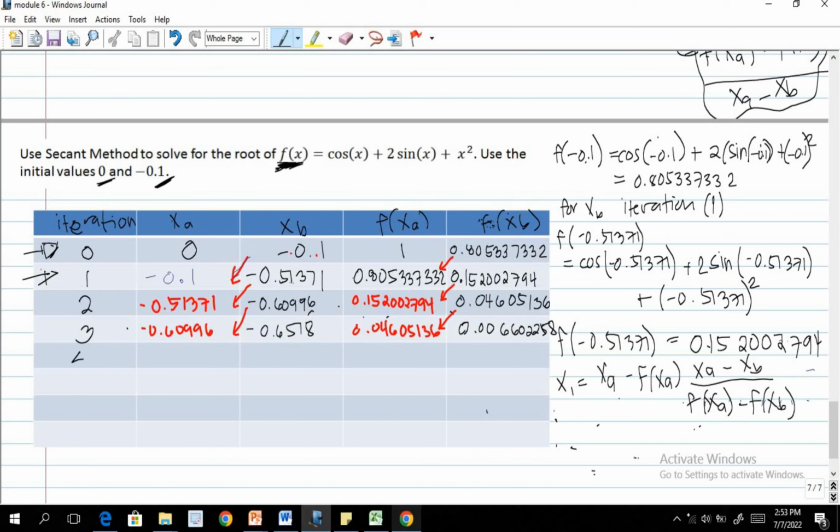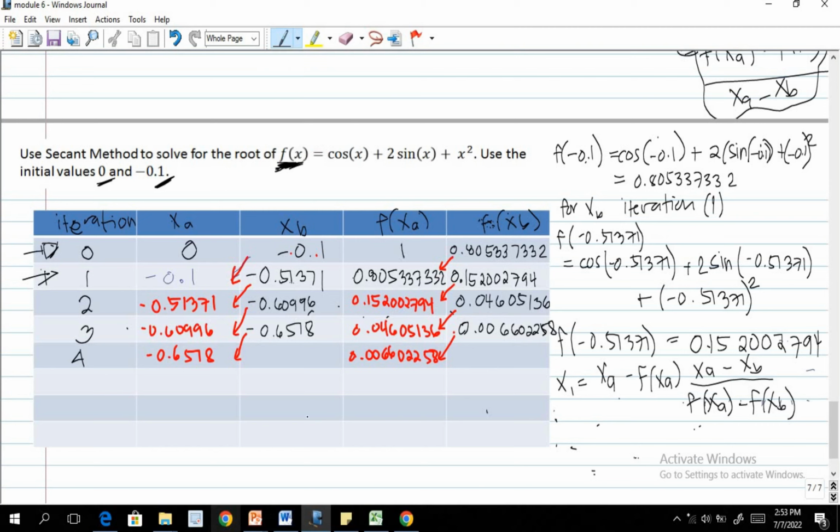For my iteration 4, ibababa ko lang ulit yung pwede kong ibaba. This one, and this one. So this is negative 0.6518, and this is 0.006602258.